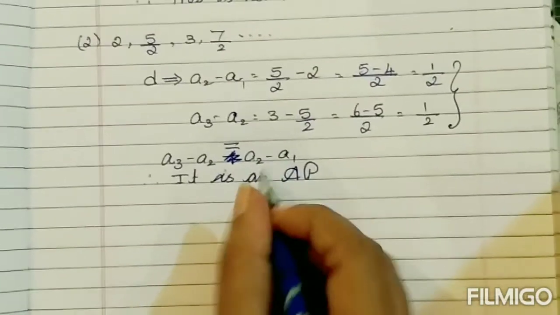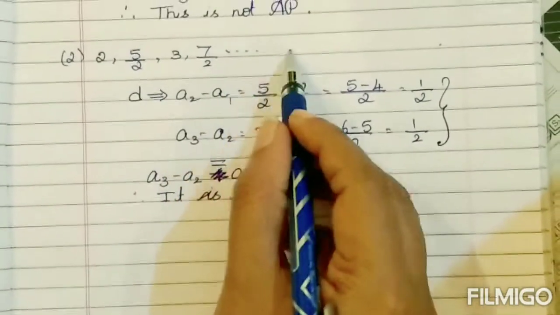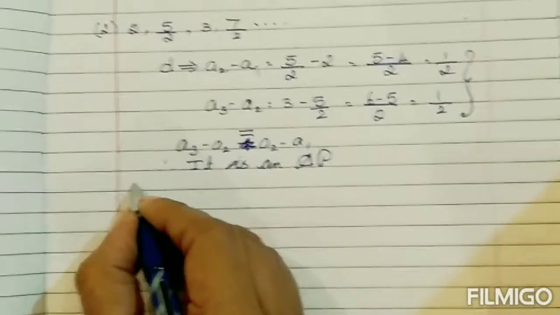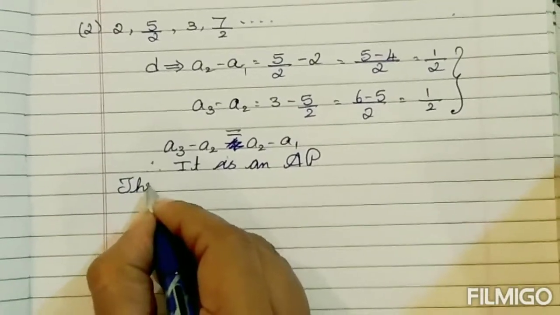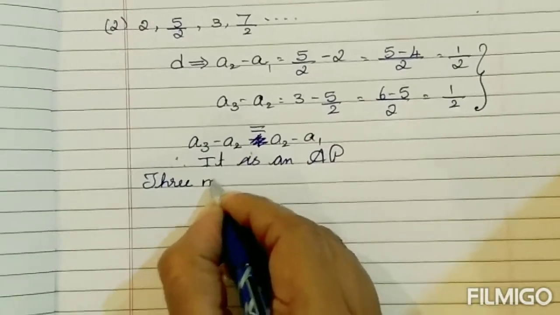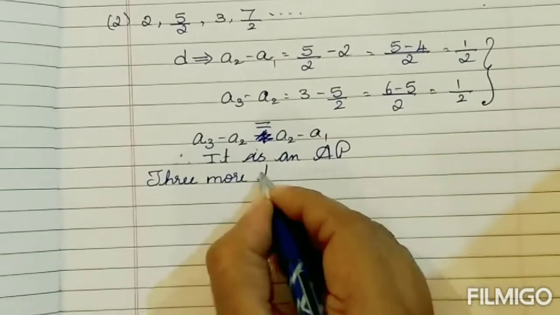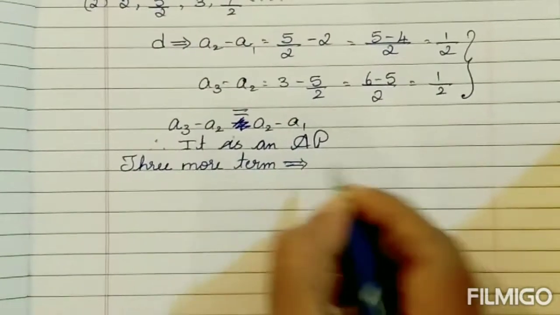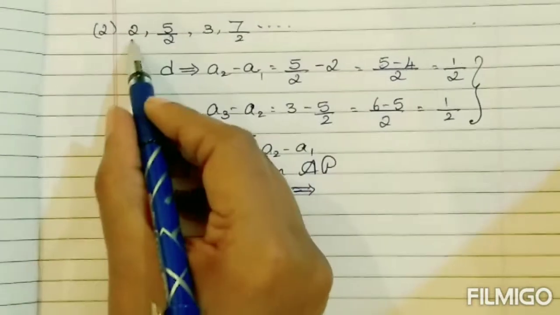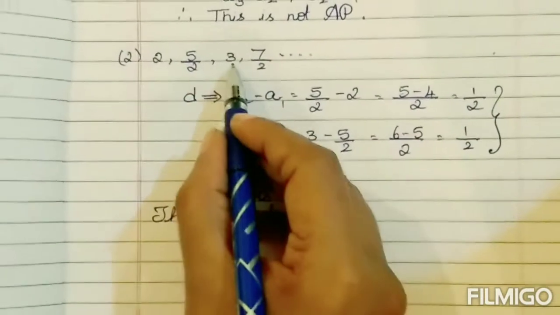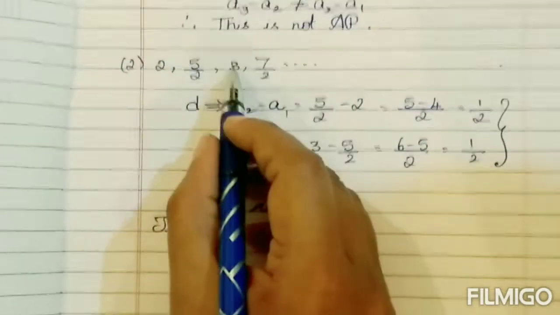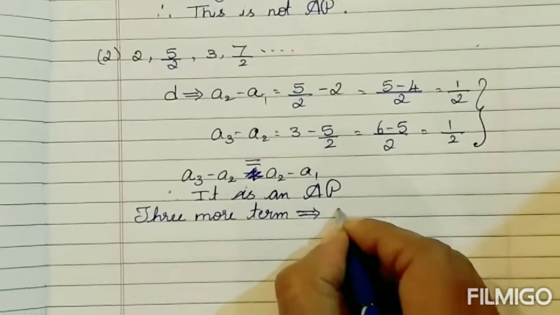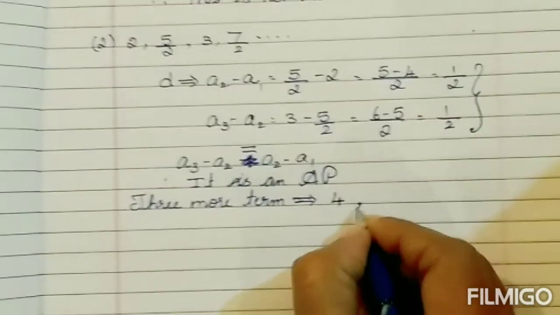If it is AP, you are going to find extra 3 terms. So now you are going to write 3 more terms. See the pattern, 2, 5 by 2, after that 3, 7 by 2, you can guess, next is 4.